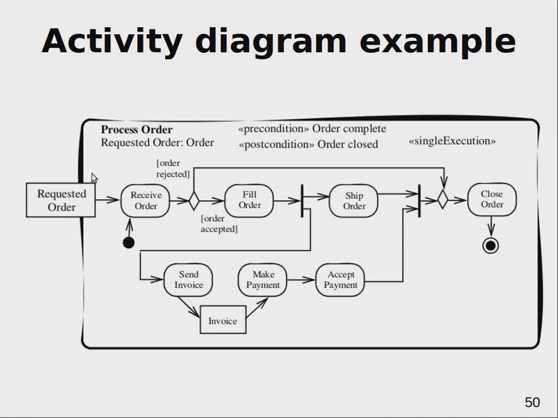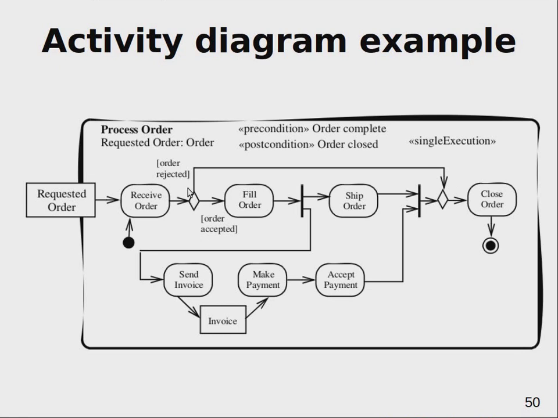Of course, you can still put a box around it and say that this is a process order activity, but you see that to process this order, systems have to send and receive some structured data, and that they are separate systems working together. And again, here you may have decisions.